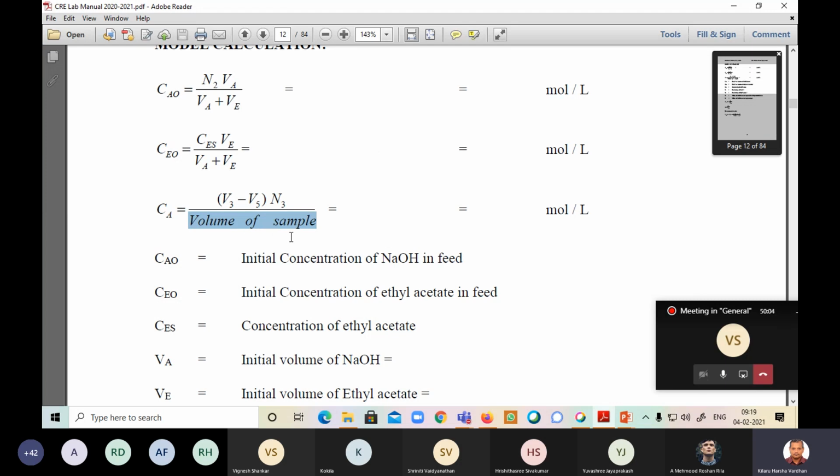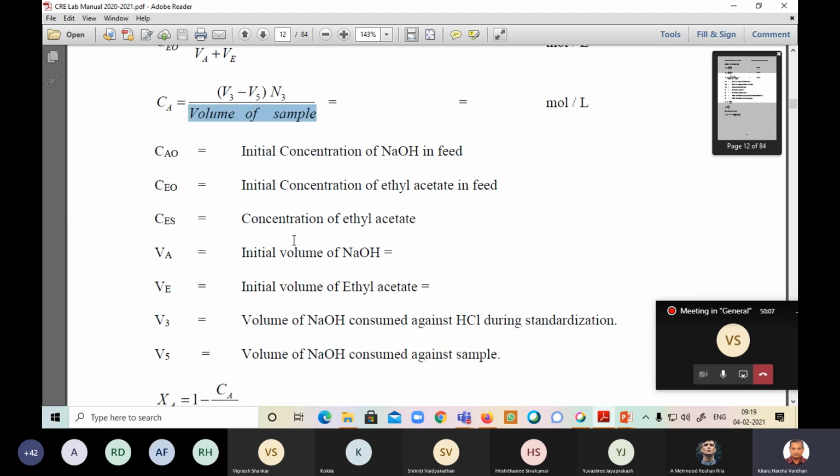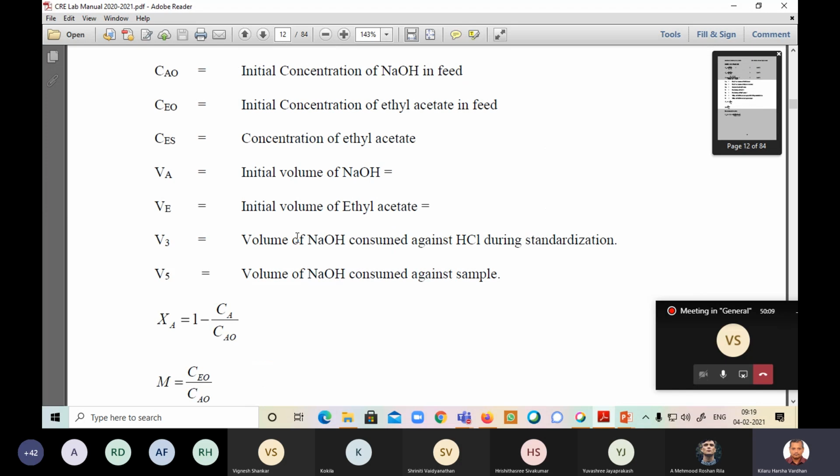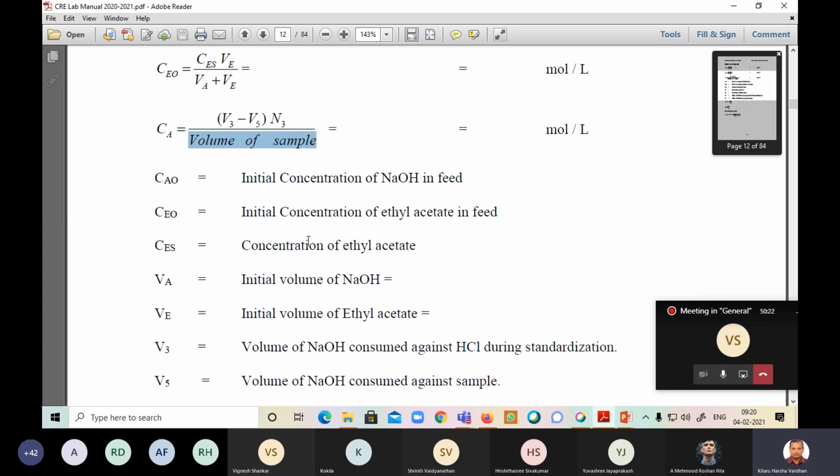What is the volume of the sample? Volume of the sample is nothing but 10. How much you are pipetting out? In that already 10 ml of HCl may be there, but HCl is used only for arresting the reaction. How much is the reaction volume? That is what you have to take here. It is 10 ml.